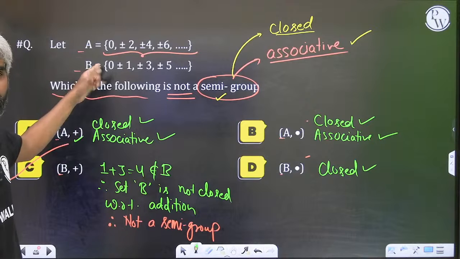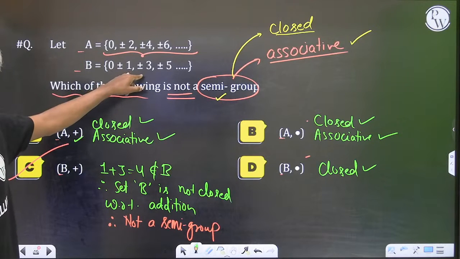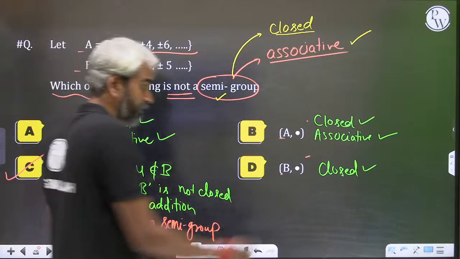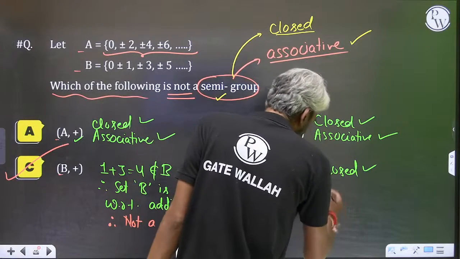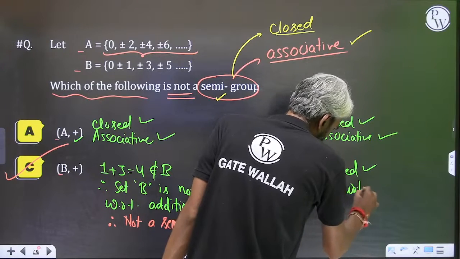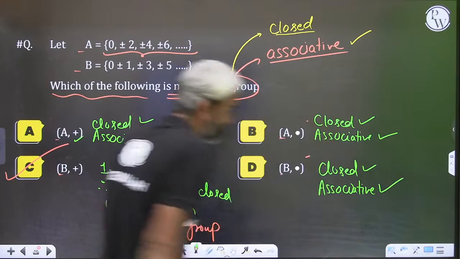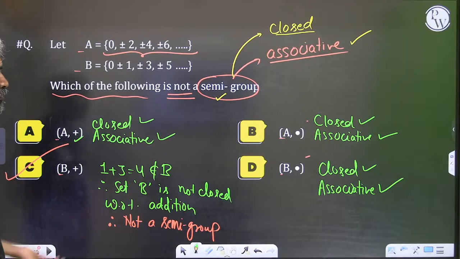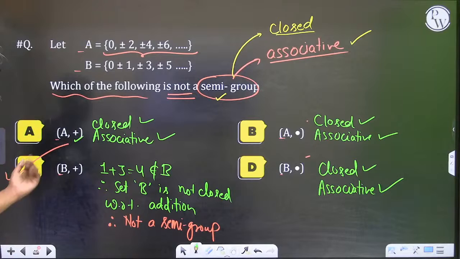If you multiply with 0, the result will be 0. Otherwise, if you take two odd numbers and multiply them, the result will also be an odd number. Therefore, it is closed. Apart from that, multiplication is associative. Option C is the only choice for the given question.